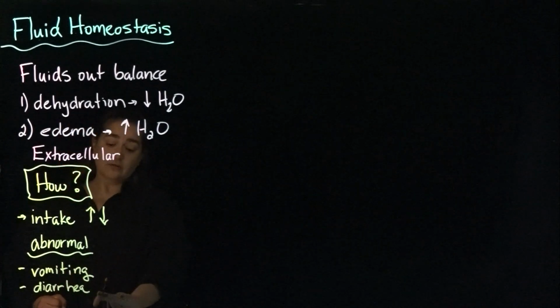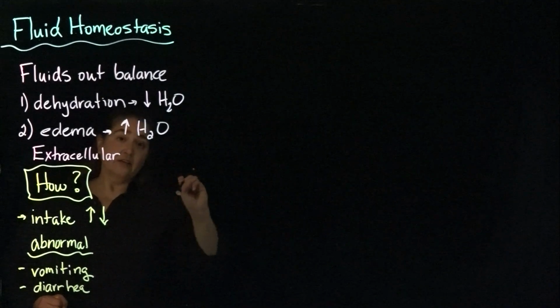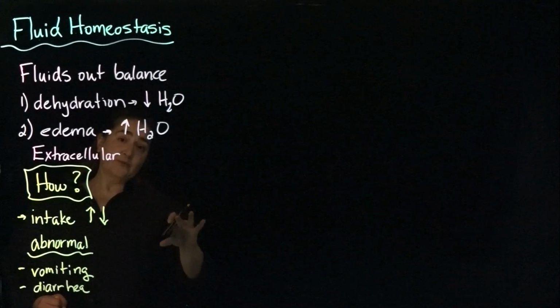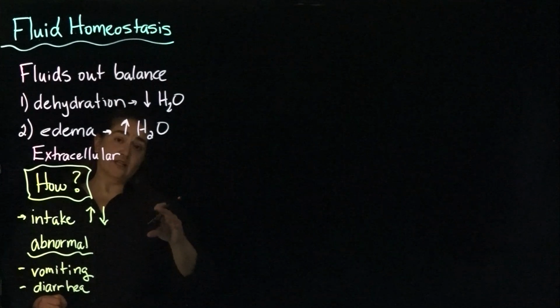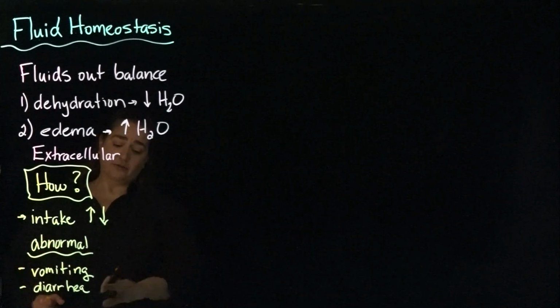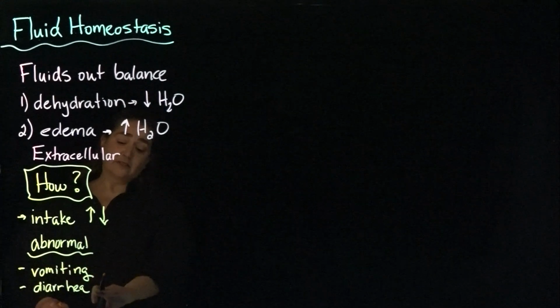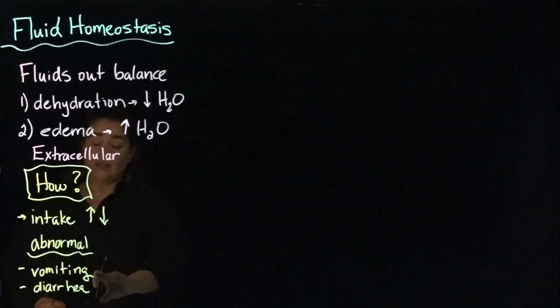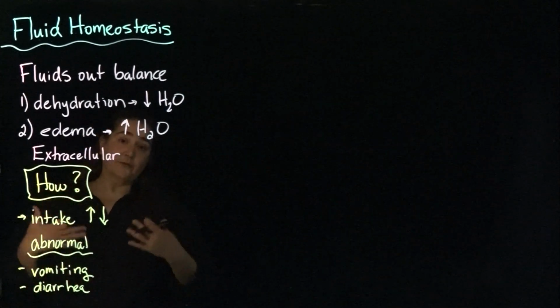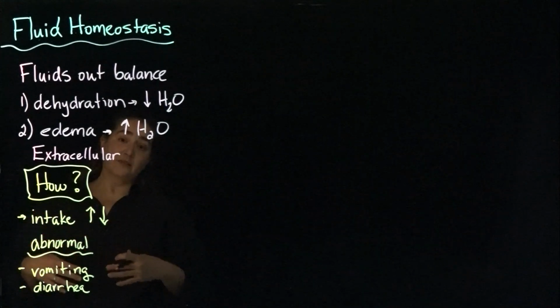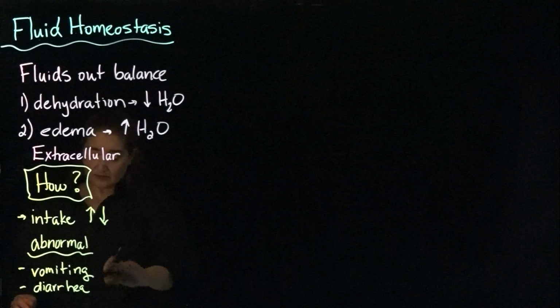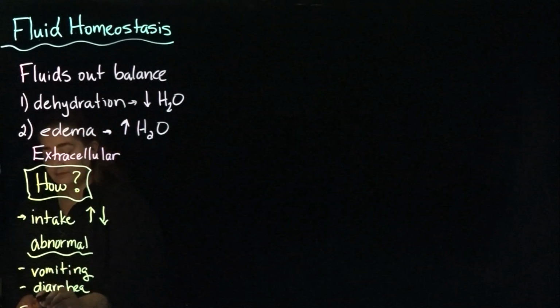With diarrhea, the feces is liquid because it's not spending enough time in the large intestine to pull the water back out, okay? So the body isn't recovering that. Vomiting, same thing. Whatever fluids are taken in or fluids that are in the stomach will be lost that way.